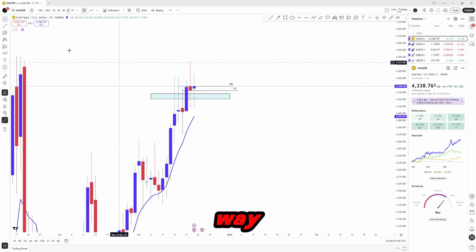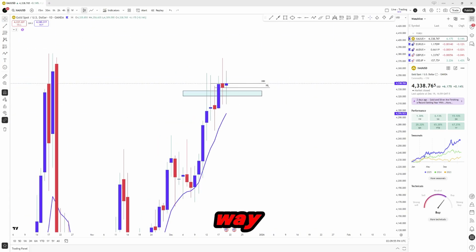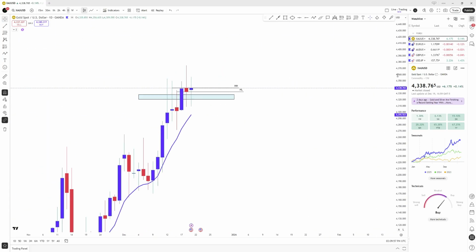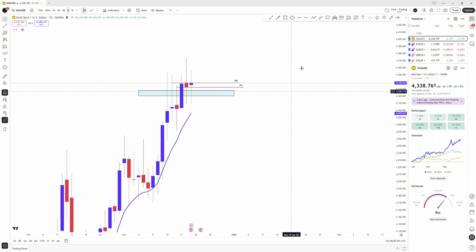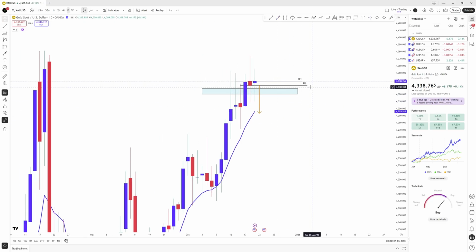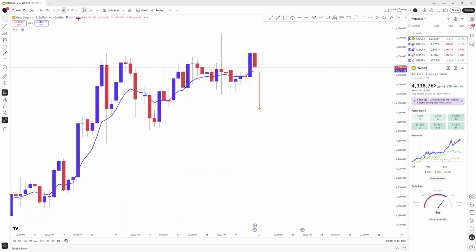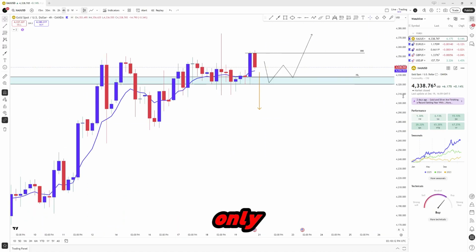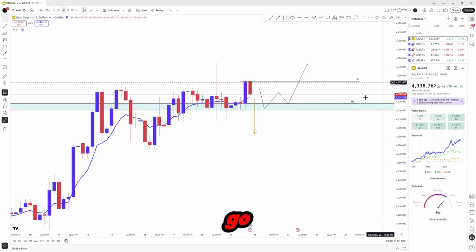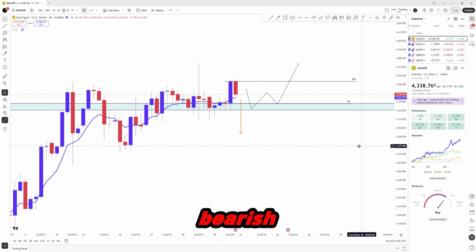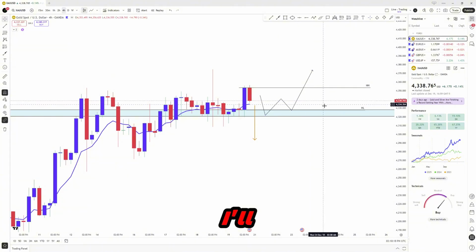The only way gold shifts structure is if it does this, or closes below our previous higher low. That's the only way this will go from bullish to bearish. So this is what I'll be looking for gold to do this week.